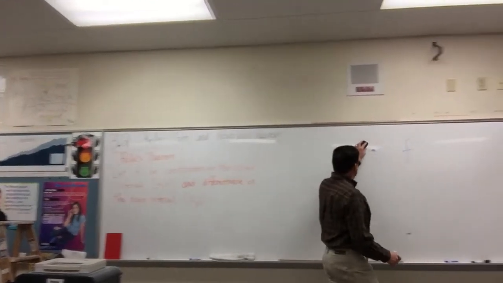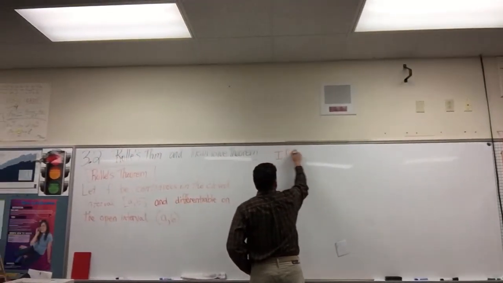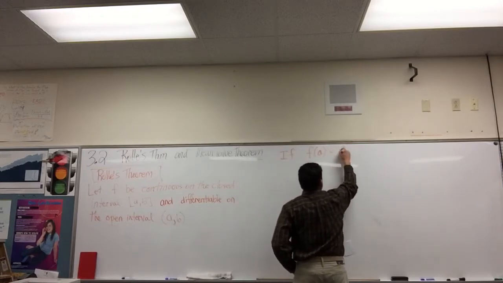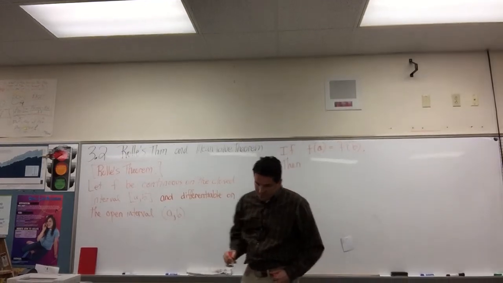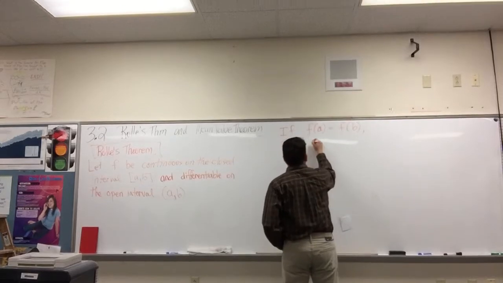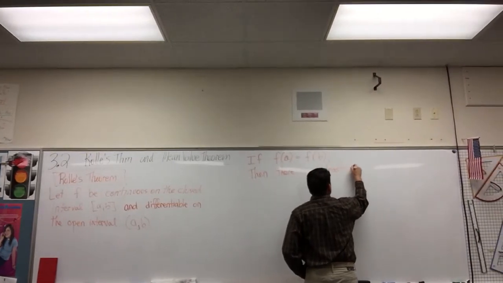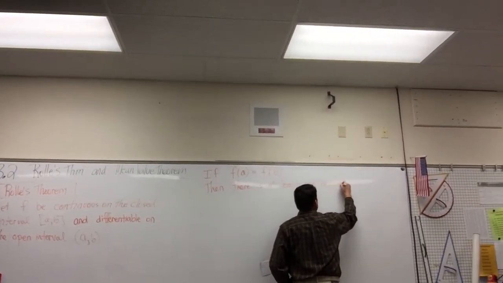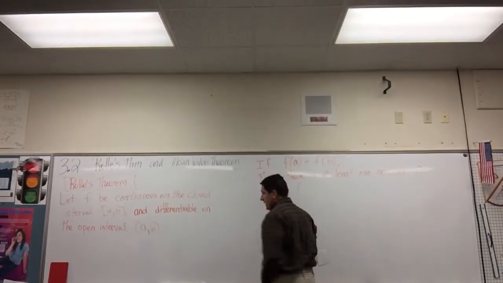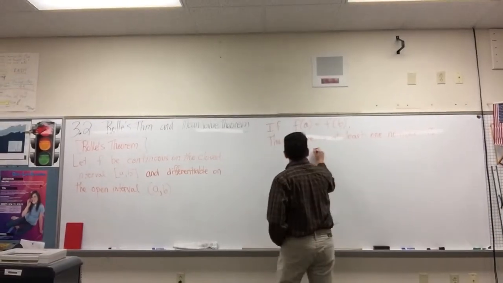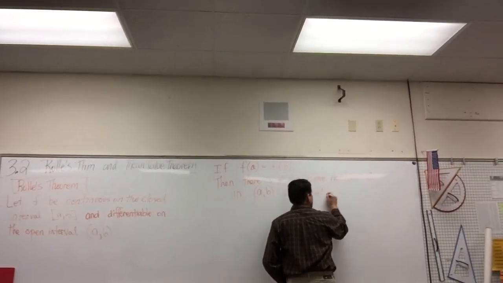Then if f of a equals f of b, then there is at least one number, we'll call it c, in the interval from a to b such that blank.